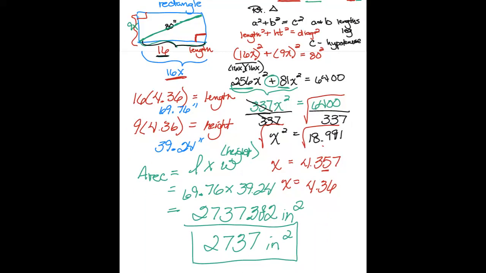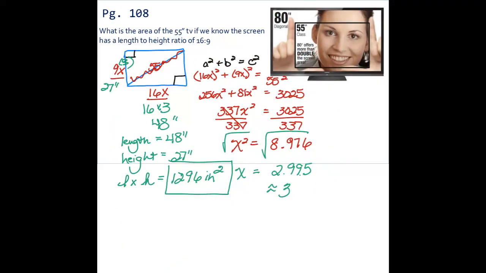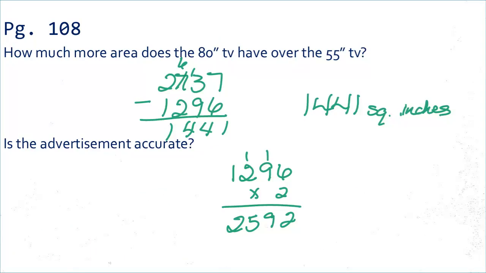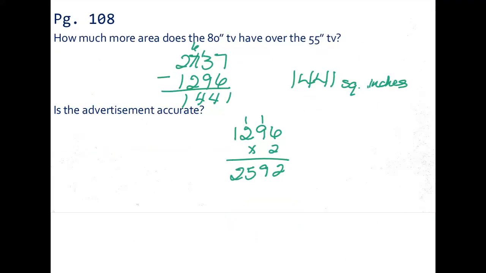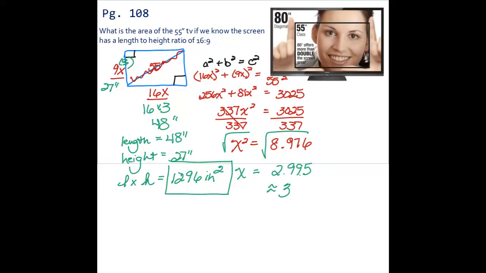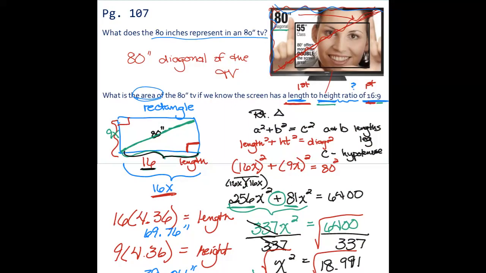What's my original? 2737. So, is the advertisement right? Is this 2 times plus more? Is the 80-inch, 2,737? I keep forgetting what my number is.